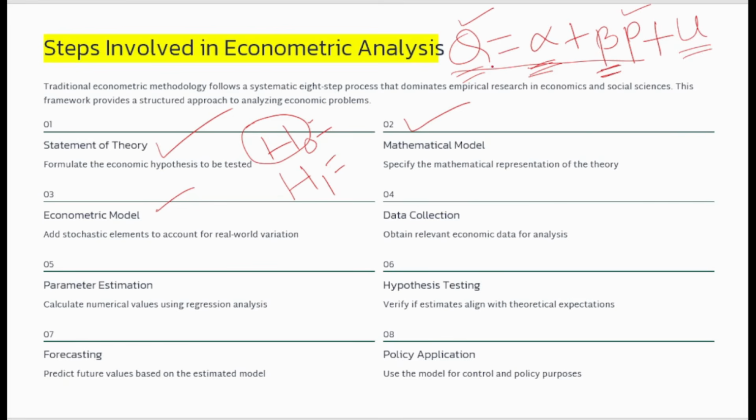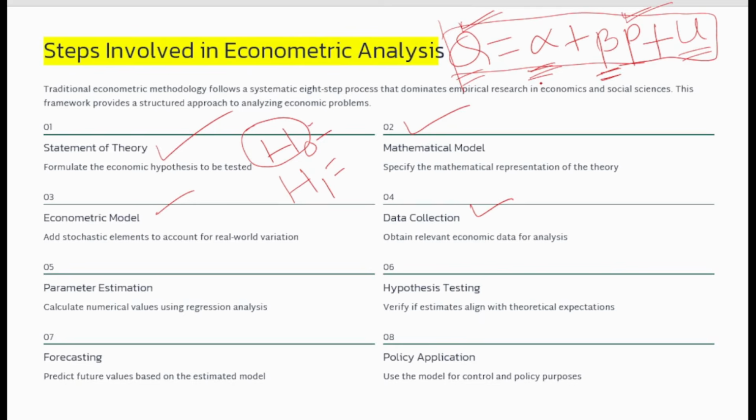After we formulate our econometric model, the next step is data collection. Here we need to collect the data, either primary data or secondary data, on quantity demand and on the price.